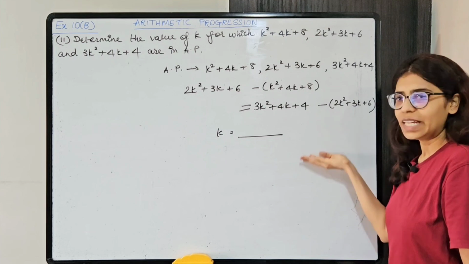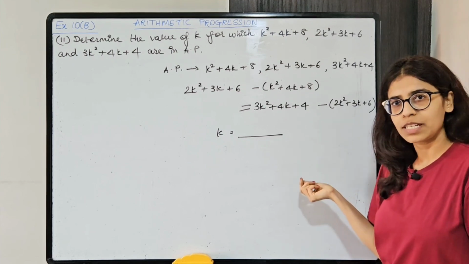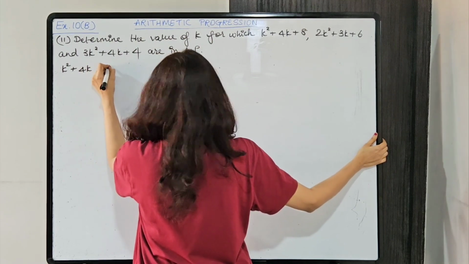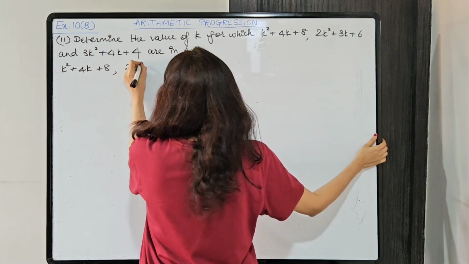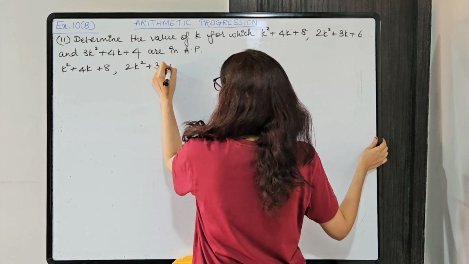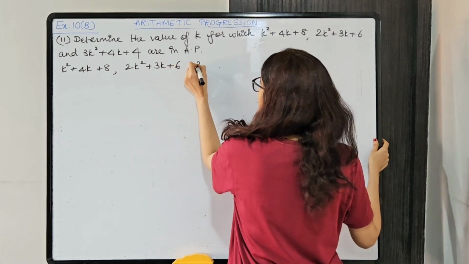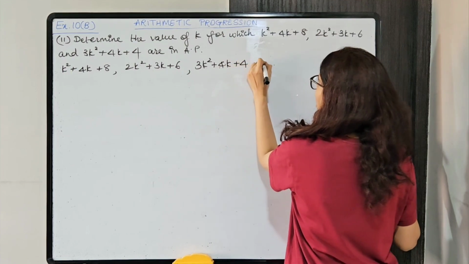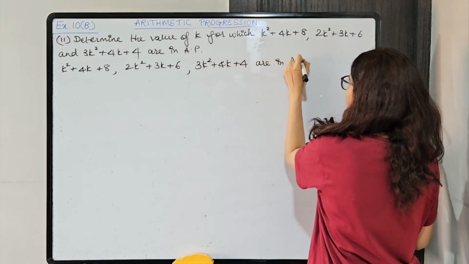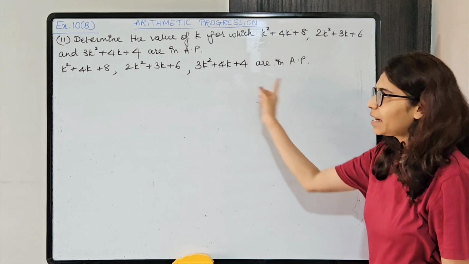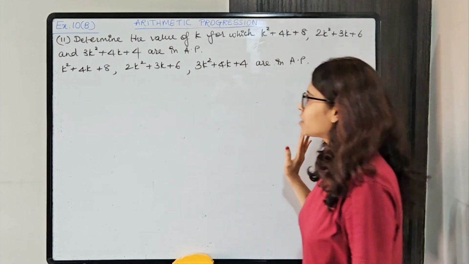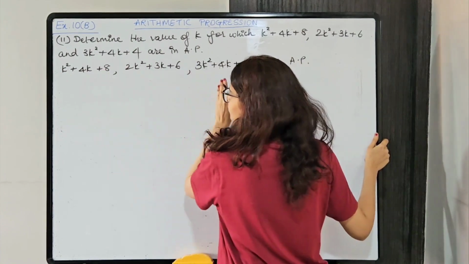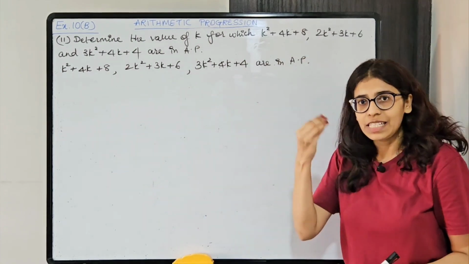Okay, so very easy. Let us solve now with proper steps. So k square plus 4k plus 8 comma 2k square plus 3k plus 6 comma 3k square plus 4k plus 4 are in AP. Okay, write down the given first. All right, since they are in AP, the difference between the consecutive terms will be same.